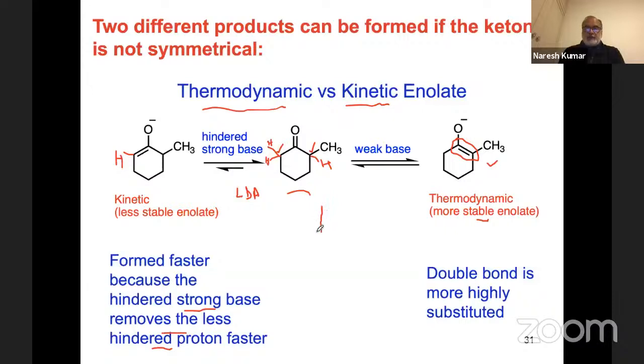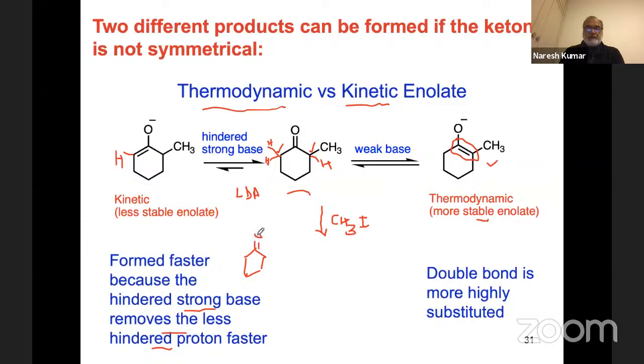So if we took this compound here and reacted it with methyl iodide, say for example CH3I, in the presence of a hindered base, the kinetic product that will form will be the product where you have the methyl group going towards the kinetic side.